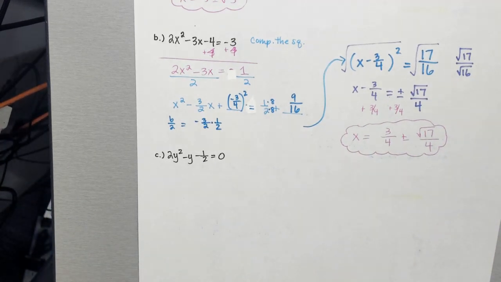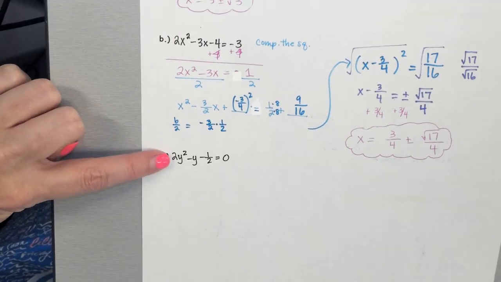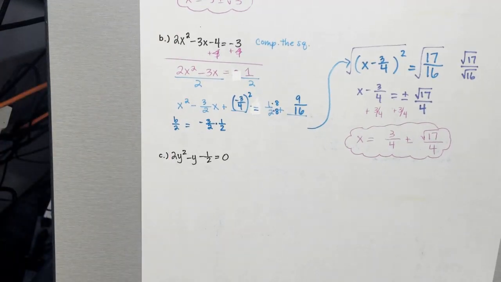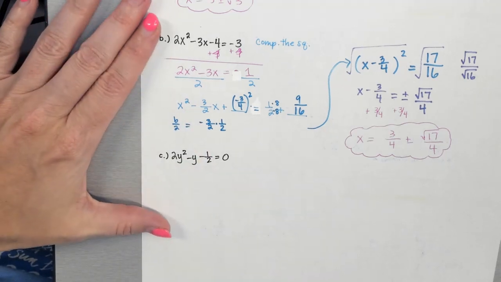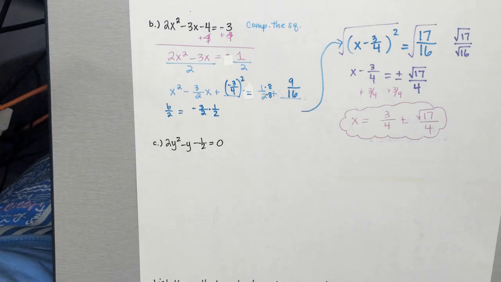Okay, what would be another good choice for solving? The quadratic formula. Yeah, the quadratic formula. And honestly, if you do see a 2 in front, I would use the quadratic formula. So that's what we're going to do for C. Do you guys remember what the quadratic formula is?